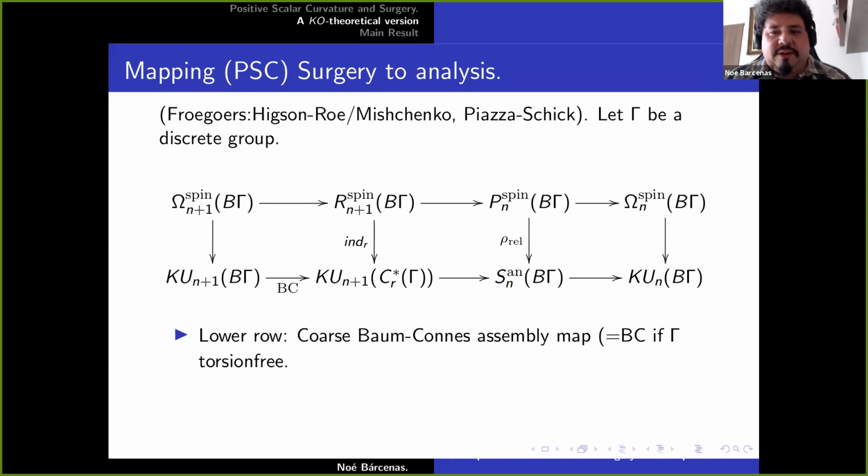Now there is a whole series of works and conferences and methods which go by the name mapping surgery to analysis. The idea is that the surgery exact sequence has several kinds of invariants which take values in versions of K homology, and the foundations of this method go back to Higson and Roe. You can find it in three papers of Higson and Roe in the 90s on K theory.